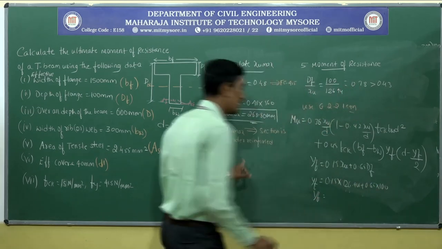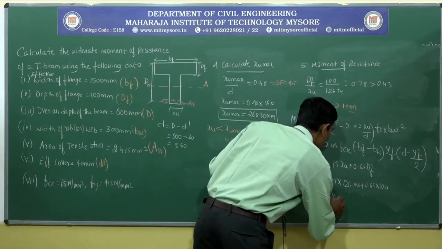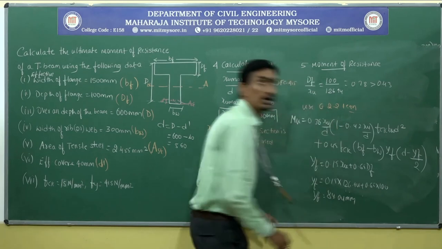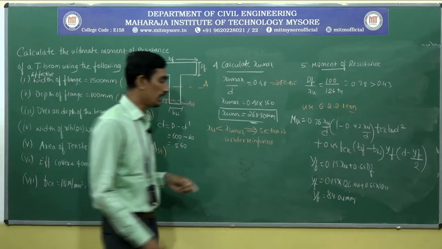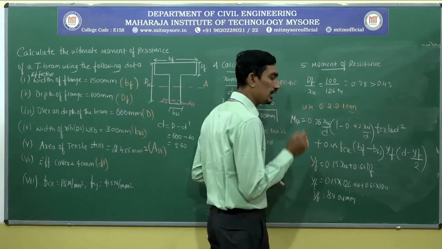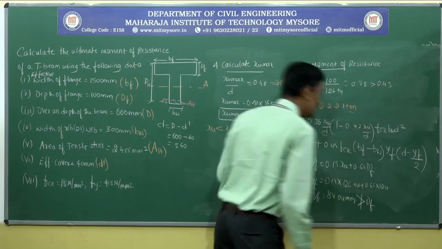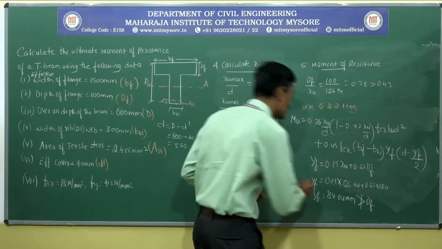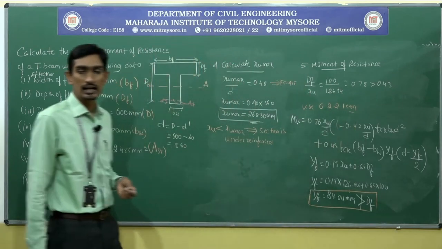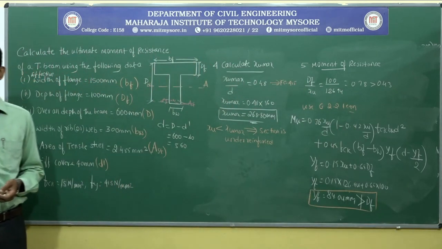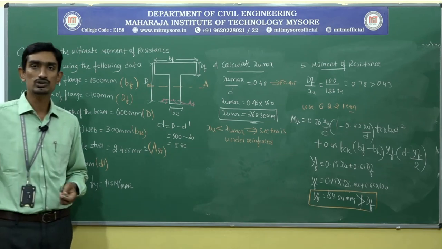So that is yf equal to 84.04 millimeter. Okay, and the condition clearly specified is that it should not be greater than the depth of the flange. So this is the condition we need to check. Whatever yf has been calculated should not exceed the depth of the flange. The condition holds good.